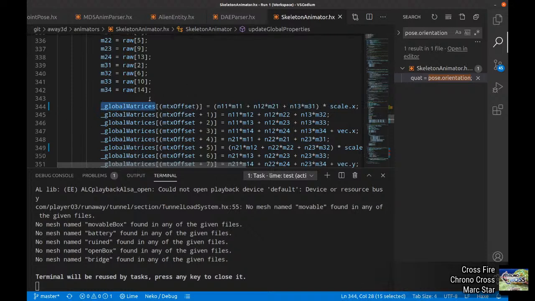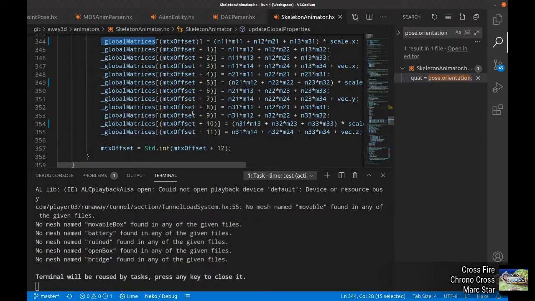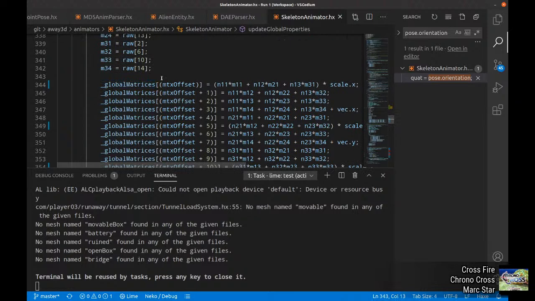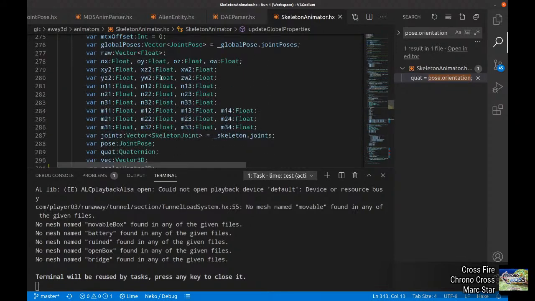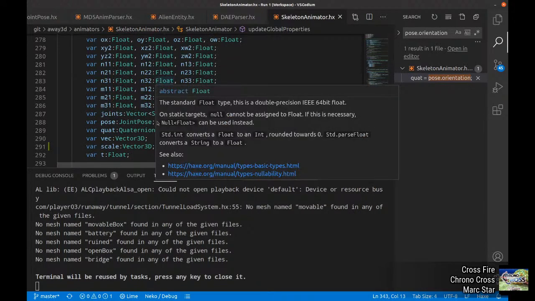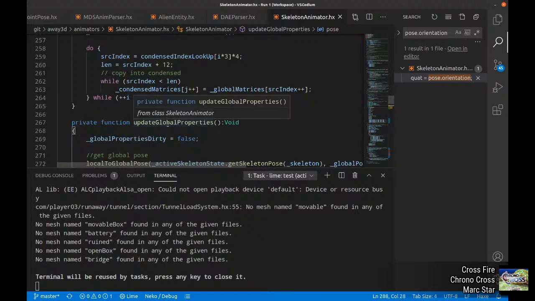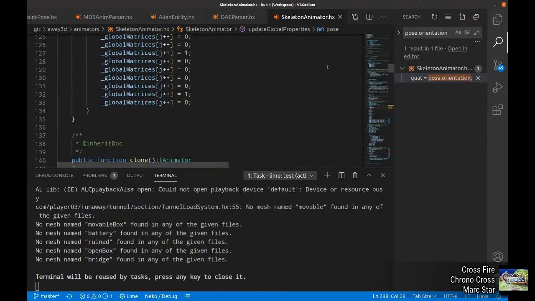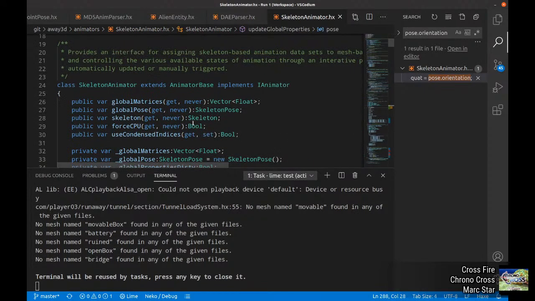But man, does this object really have to be one long list of things? Oh, I bet it does, because it gets uploaded to the GPU. Any chance there is a working variable sitting around?